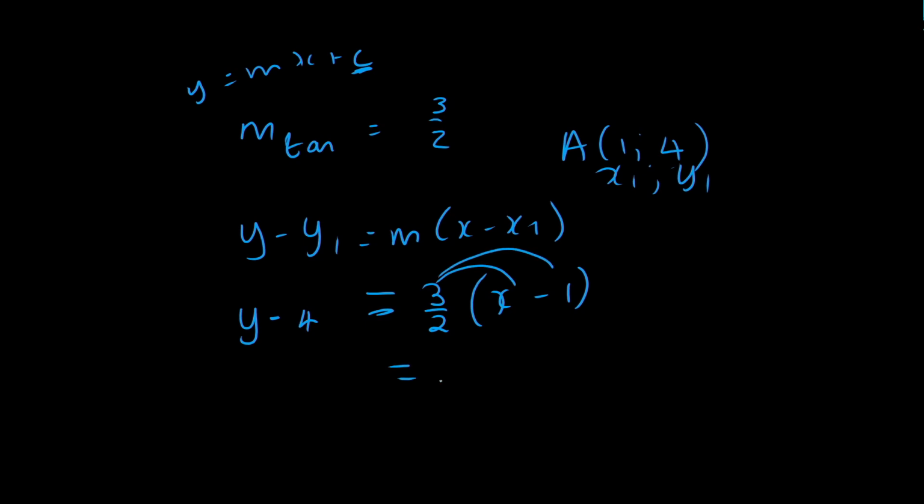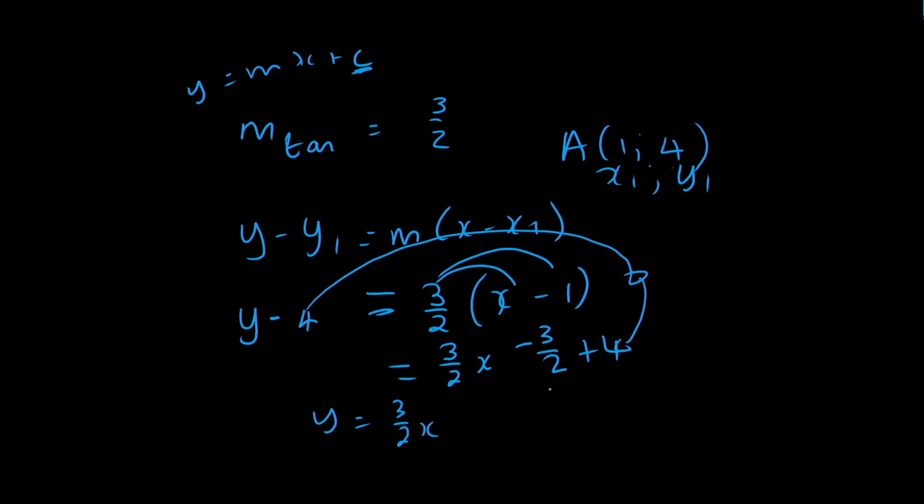Multiply into your bracket, so we get 3 over 2x minus 3 over 2. Add the 4 onto the right-hand side at the same time. So we end up with y is equal to 3 over 2x minus 3 over 2 plus 4. This you can do on your calculator, or do a little sum on the side.